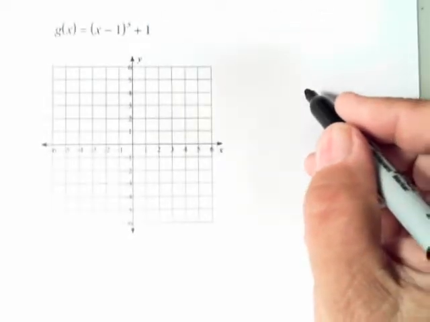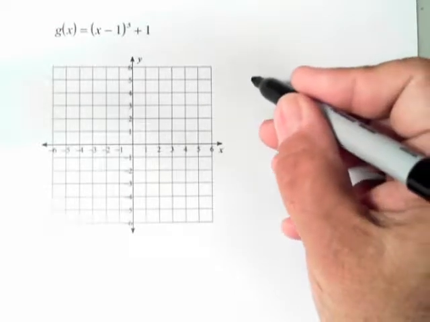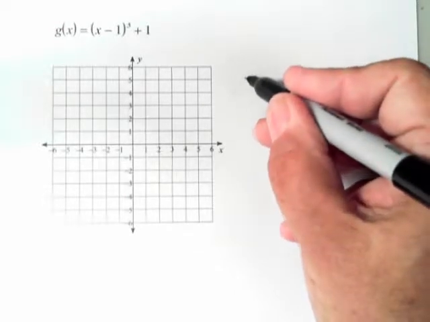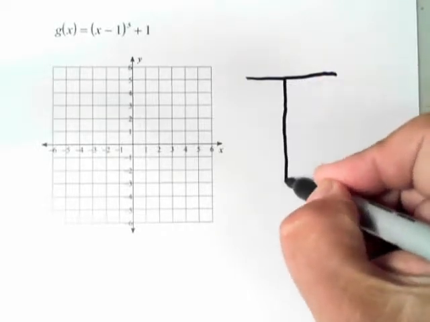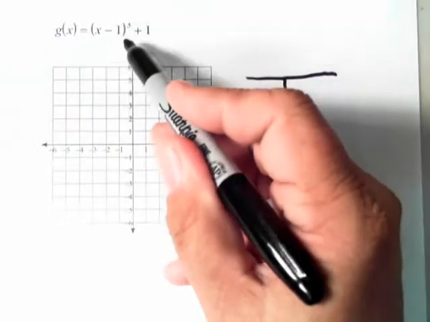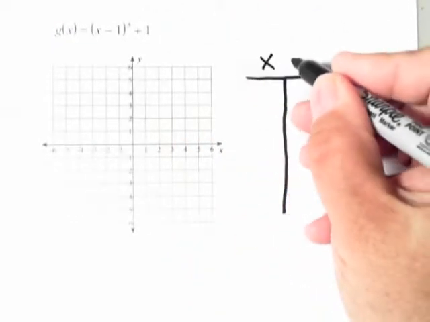Well, this cubed, if this quantity gets large, it'll be way off the graph here. So you're going to want to pick numbers that are fairly close to the origin here. So let's turn around here and set up our t-chart. Now the other thing, of course, is this is not going to be a straight line. So we should take some extra points.